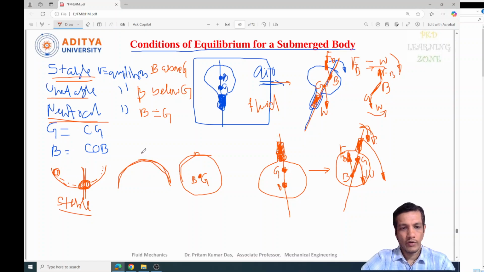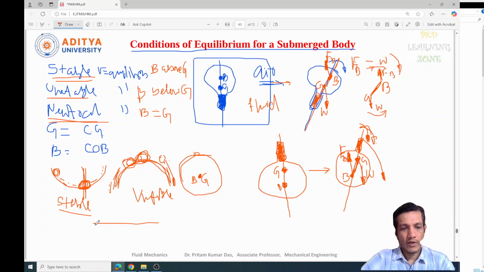If you keep the ball a little bit to this side, it's going to fall and cannot come back to the original position at the top, because the force of buoyancy and gravity is going to pull that object downward. Similarly, if you keep the ball on this side also, due to gravity it is going to fall this way. So this is called an unstable equilibrium condition.